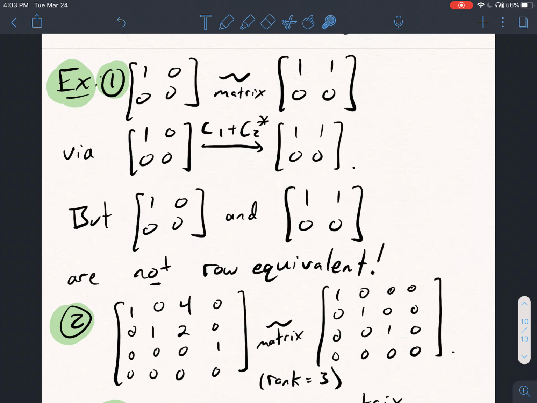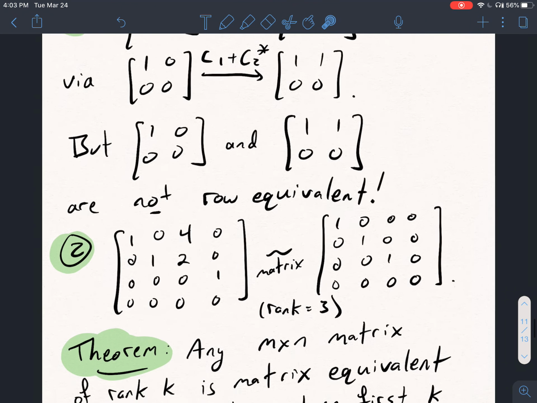This column will still have this 1 over here, but I can switch this column with the column of all zeros, and obtain this matrix here, which looks like a 3x3 identity matrix with an extra row and column of zeros added to the end. So our rank 3 matrix is matrix equivalent to this matrix with 3 ones along the diagonal and zeros everywhere else.